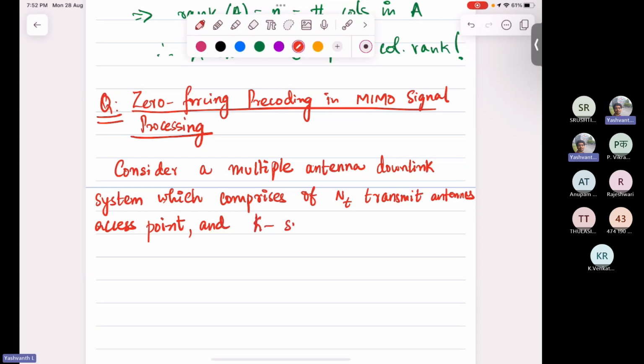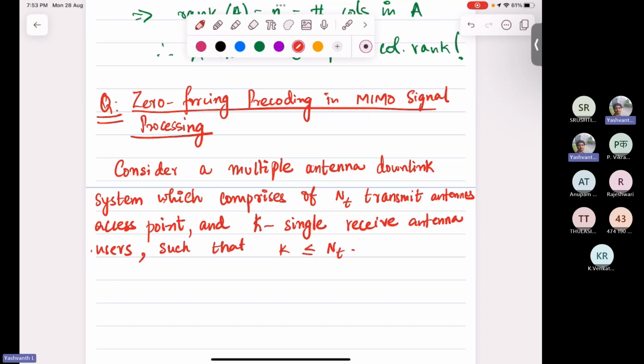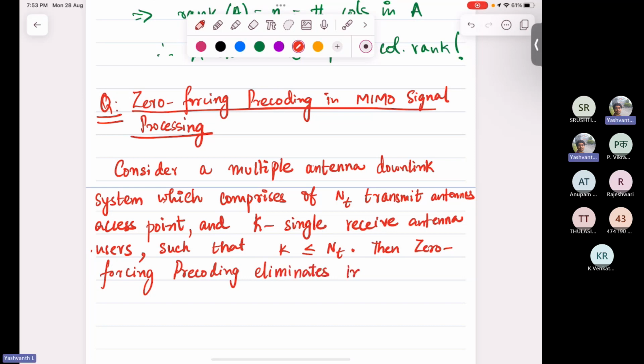And K single receive antenna users, such that K is less than or equal to NT. Then zero forcing precoding eliminates inter-user interference.